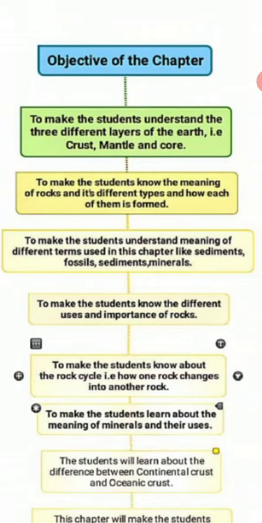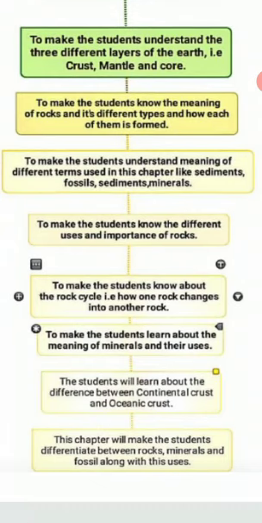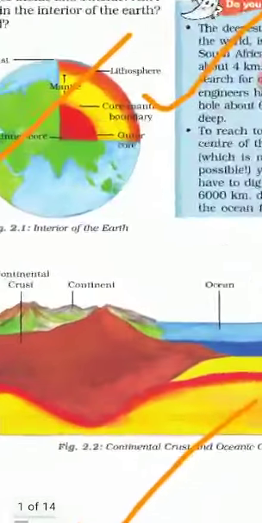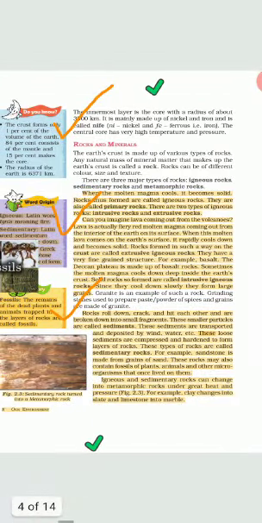We have studied the uses of rocks, the uses of minerals, and the differences between rocks and minerals. We have even seen pictures of how rocks and minerals look. We have also studied the continental crust and oceanic crust. So we have covered each and every topic of this chapter.